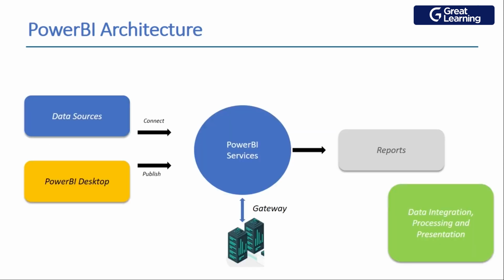So when you talk about the Power BI architecture, we are not going to get into the complications of how the architecture works in detail, but there are 3 important pointers that you need to understand, and you can see those pointers at the right bottom corner of this slide: data integration, processing, and presentation of information.